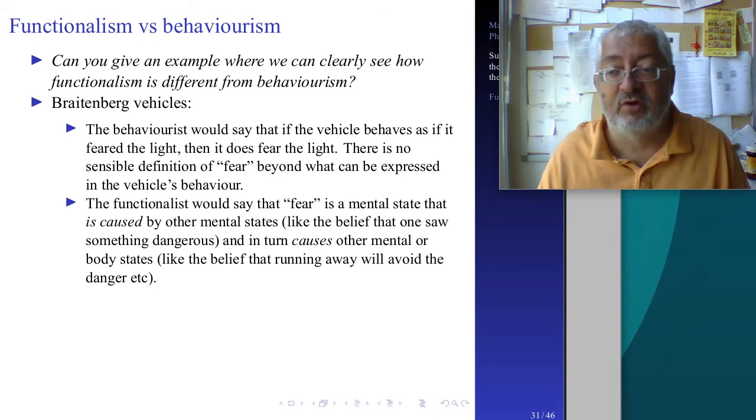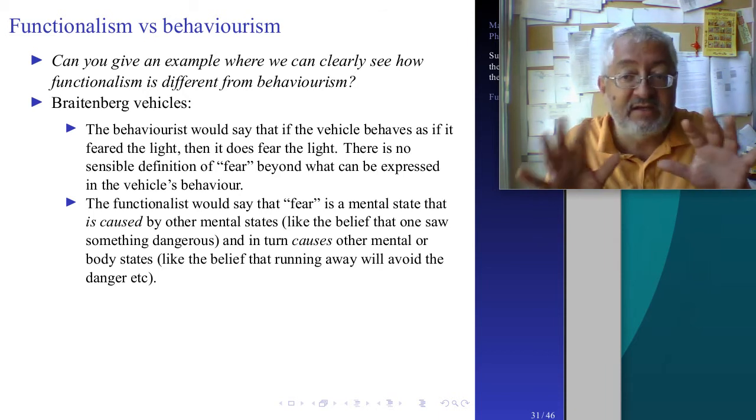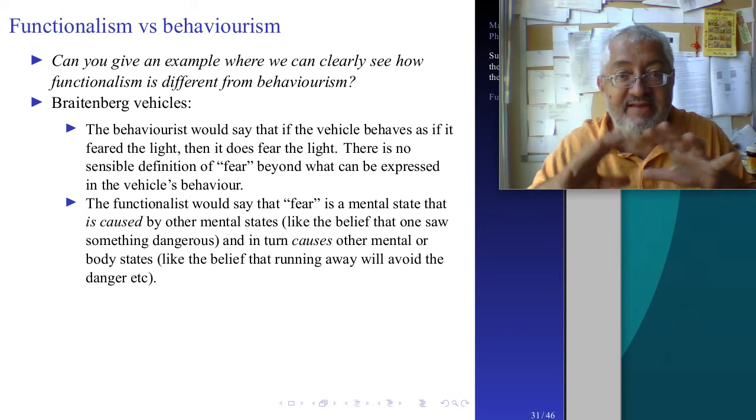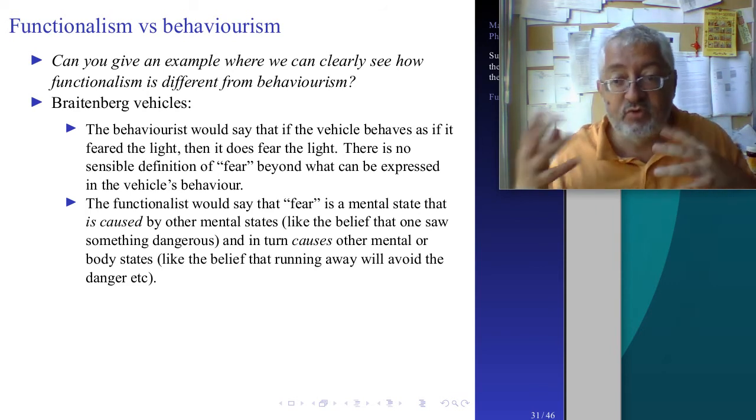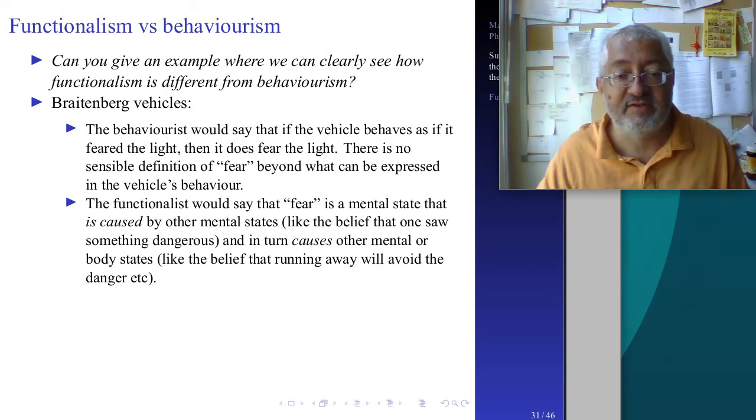If it's a black box, you might be tempted to assume that there is some supercomputer in there, very small, that can simulate all these states and can have all these feelings.